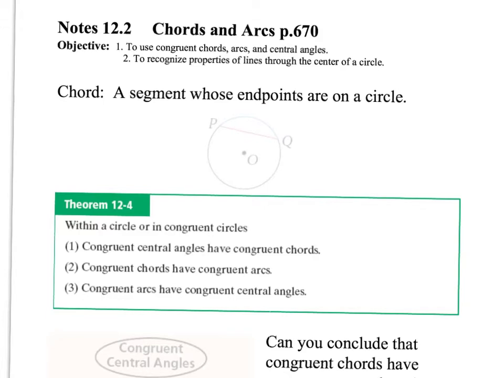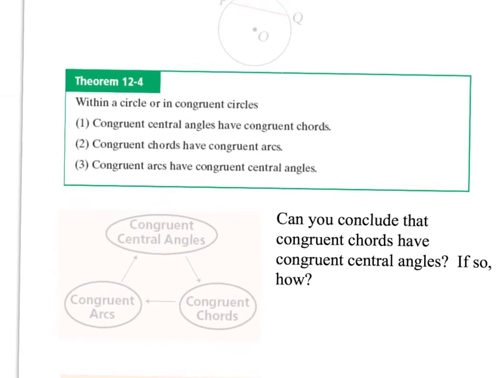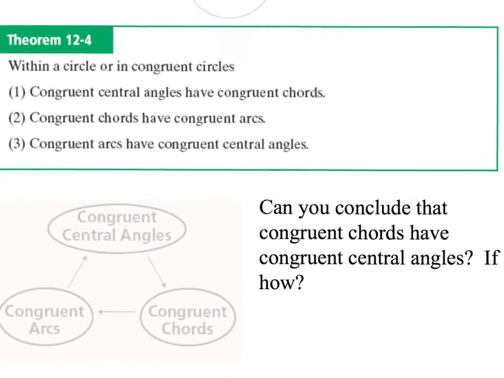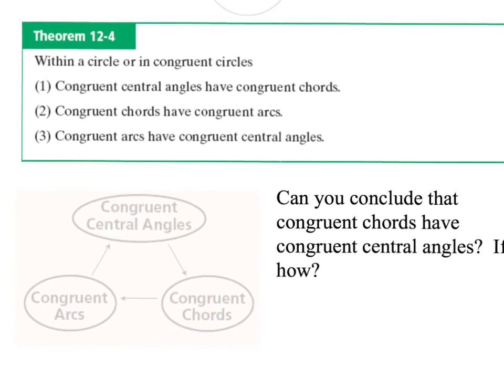Now, Theorem 12.4 has three basic concepts that you need to be familiar with. If you have a circle or if you have congruent circles, first of all, you will have congruent central angles. So if you have congruent central angles in your picture and there are chords involved with those central angles, then you can assume that they are congruent chords.